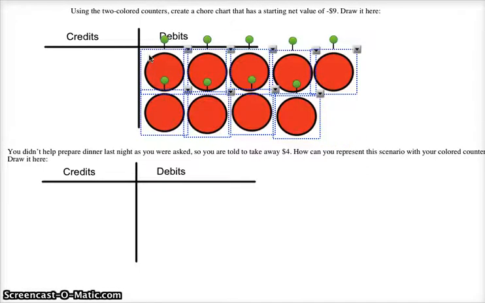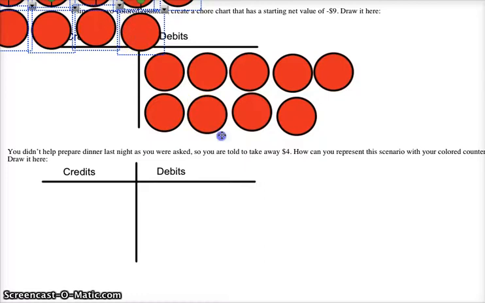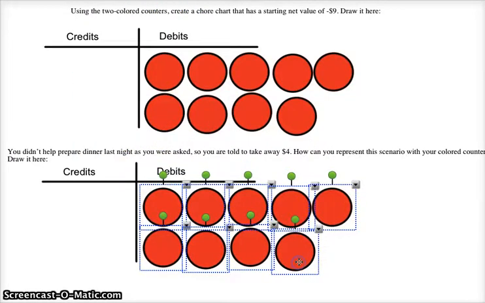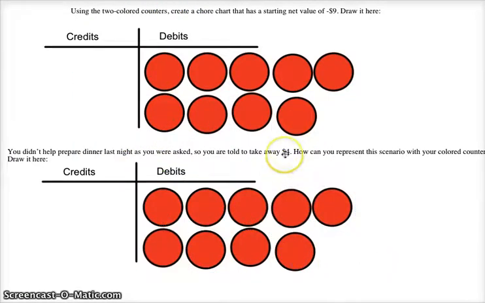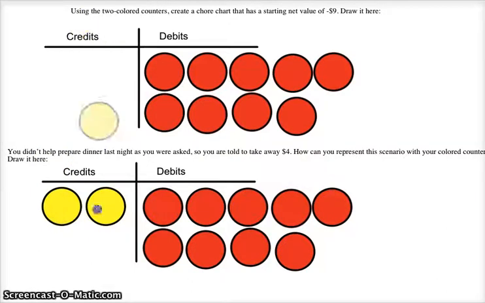If we look at our chore chart, we see we only have 9 red ones. We can't take away 4 credits, even though it's telling us that that's what we want to do. So this is the idea of the order of the zero pairs, right? The problem is telling me to take away 4 credits. So I need to have those 4 credits there.